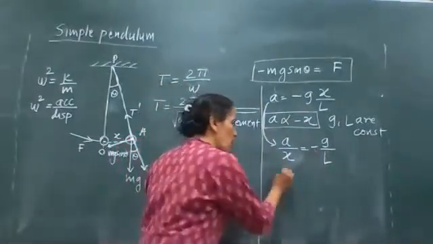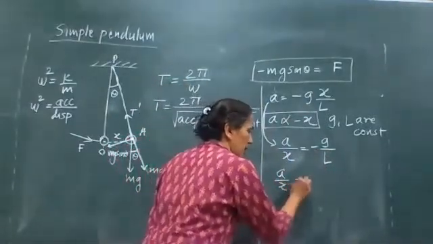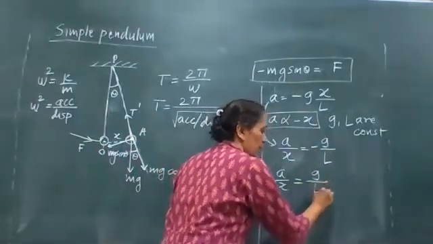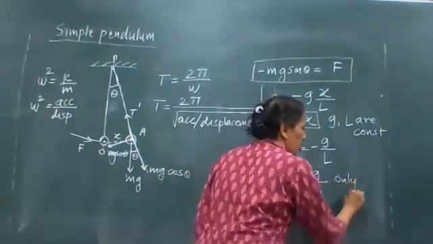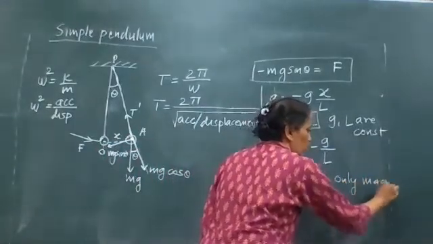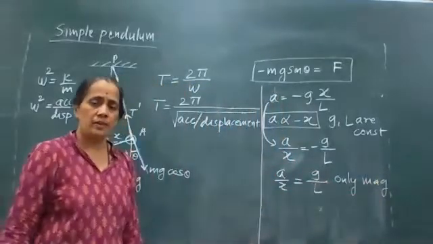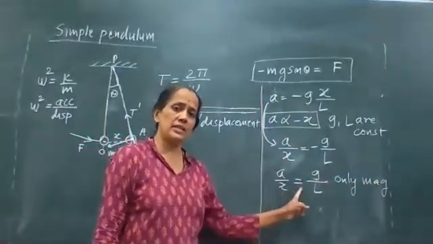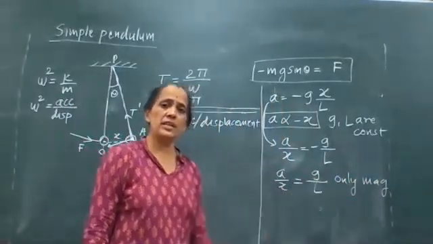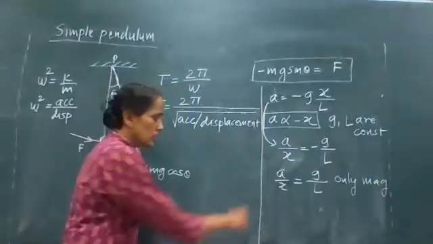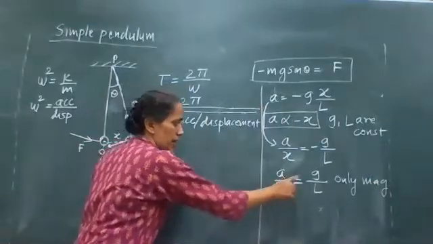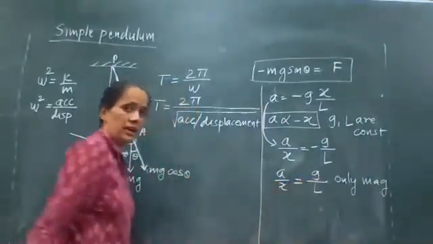So if I consider only magnitude, what do I write? A by x is equal to g by L, considering only magnitude. So this acceleration per unit displacement value I can substitute as g by L.